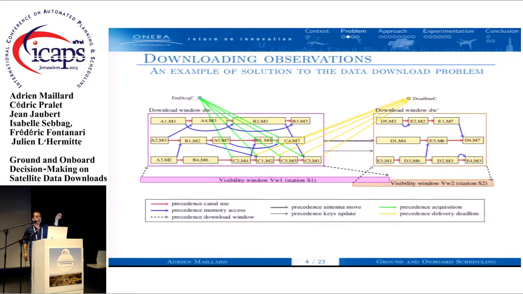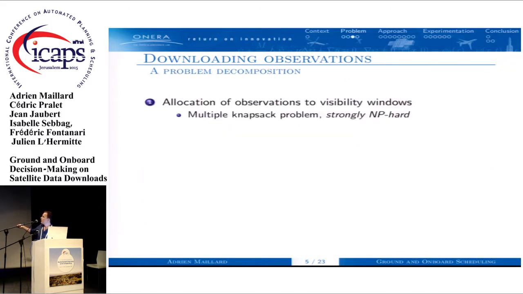And so the time it takes to point at a station or another station is changing also because of the position of the satellite. So this constraint here, to go from a station to another, it's a time-dependent scheduling. So the duration depends on the time it starts. So that's a very simple example.